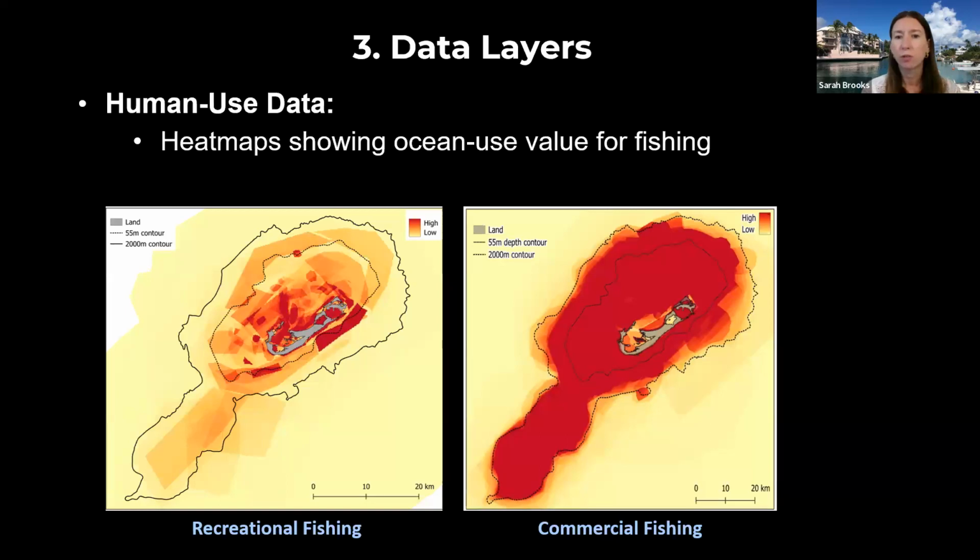And then everybody's responses are basically collated together and layered on top of each other, and then analyzed to produce these heat maps. And what you can see here is the overall heat map from all the fishing surveys that were submitted. But these maps can be broken down further into gear type for each of the individual fisheries as well. And I'm going to explain a bit more about this later on.